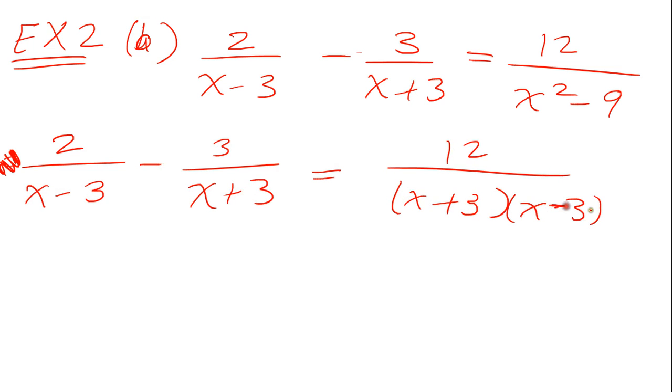Now the common denominator is going to be x plus 3 times x minus 3. So let's go ahead and do that. 2 times x plus 3 over x minus 3 times x plus 3.